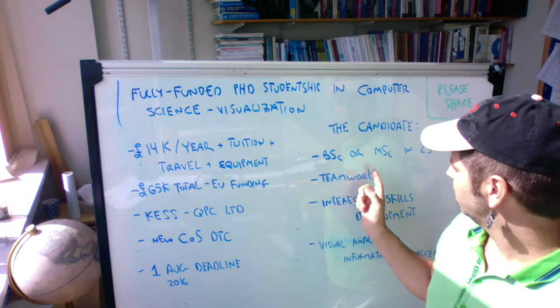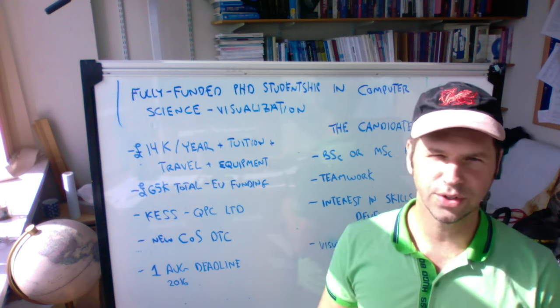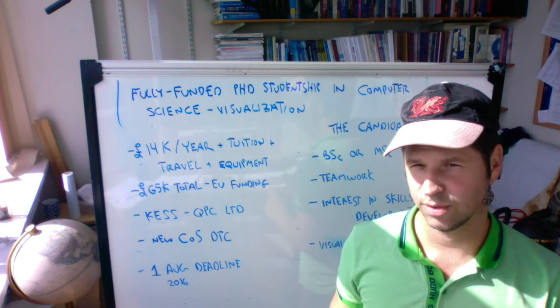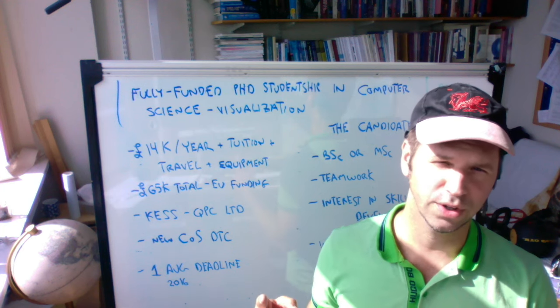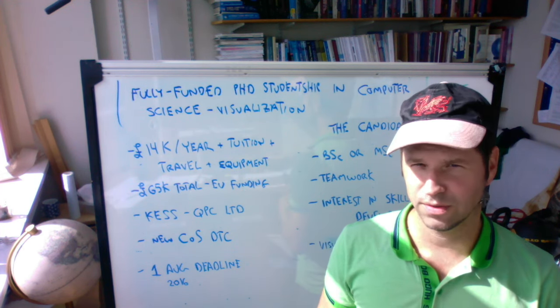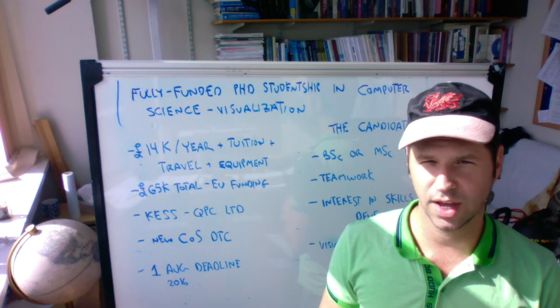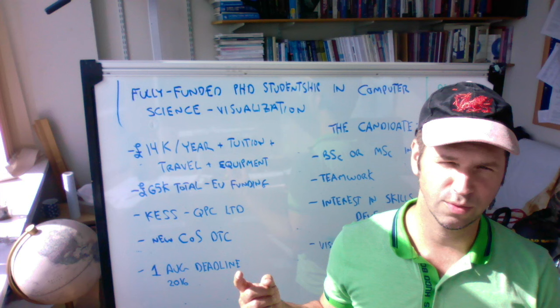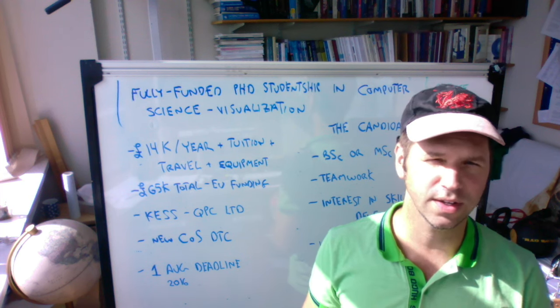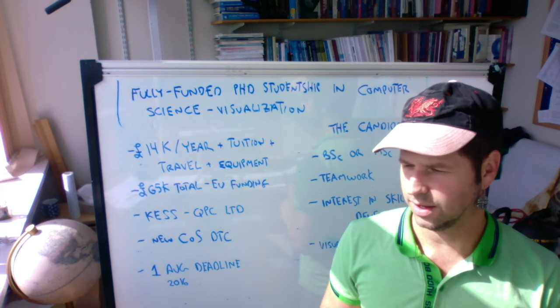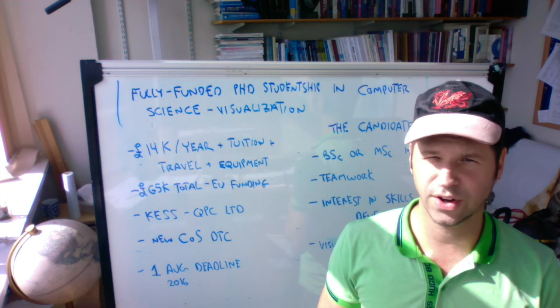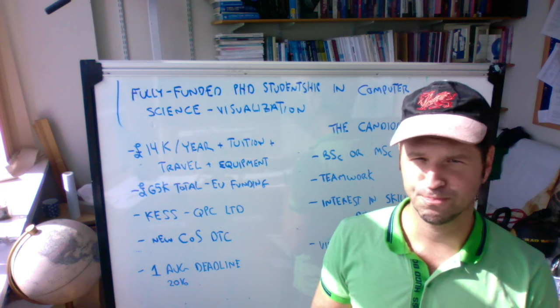The ideal candidate is also very good in teamwork. So you're going to be working as part of a team. You'll be working with me. You'll be working with the amazing Richard Roberts, who is a PhD candidate already working on this topic. And you'll be working with some great people at QPC like Gary Smith and Rebecca Barber and so on, the very professional QPC team.